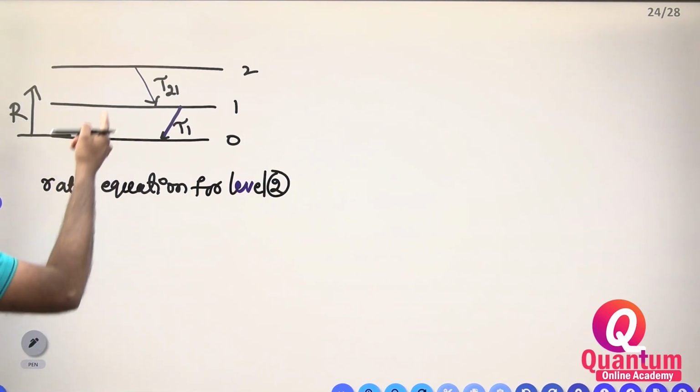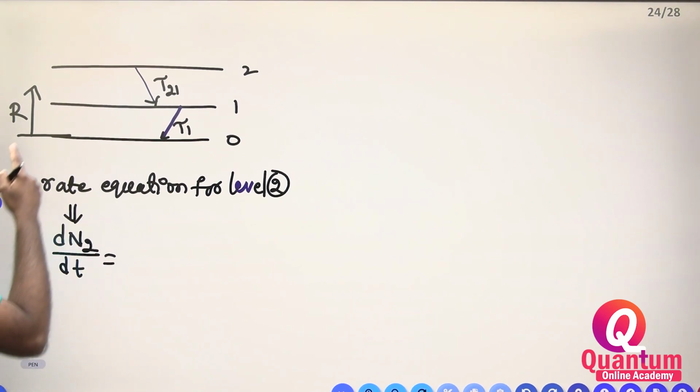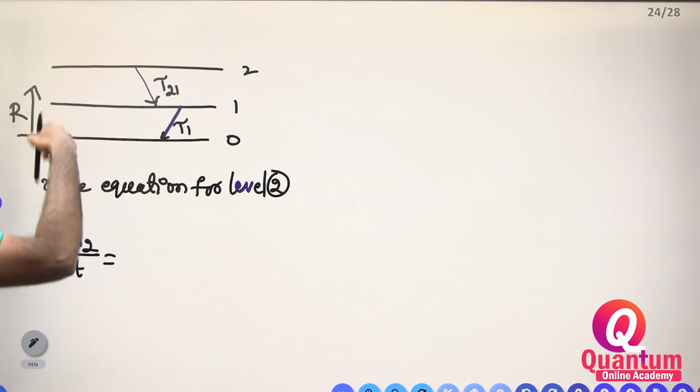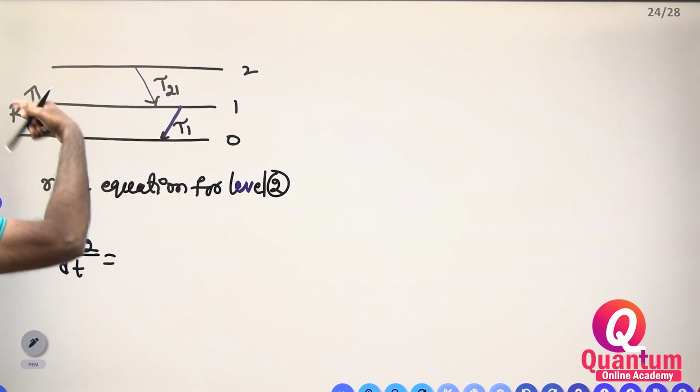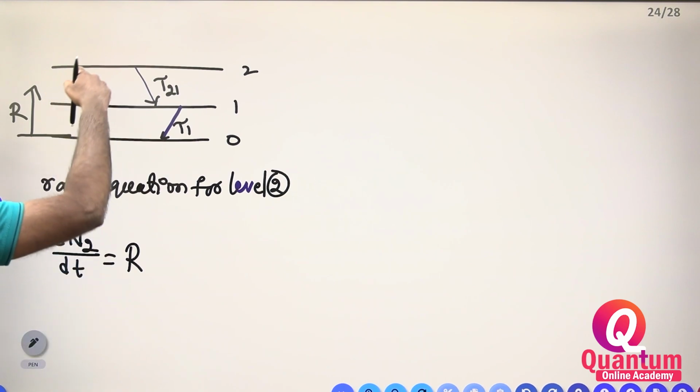What is the rate equation for level 2? The rate of change of population of level 2, dN2 by dt, is equal to what? From which level is the atom coming? From the 0 level, R. That one is positive.